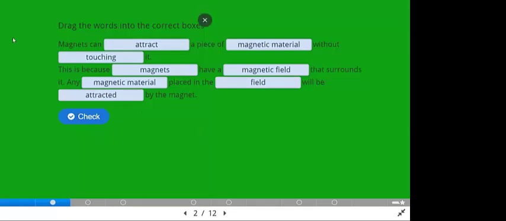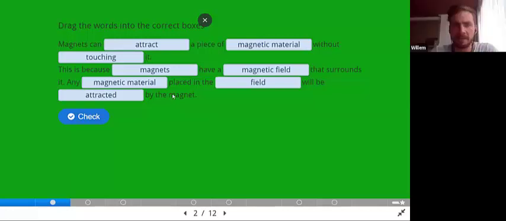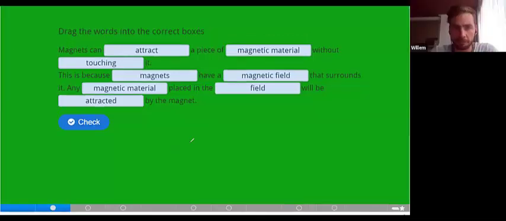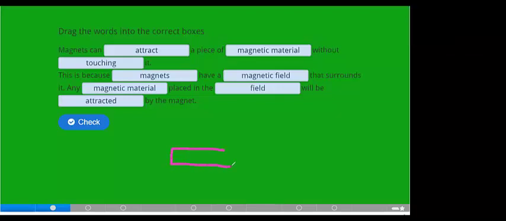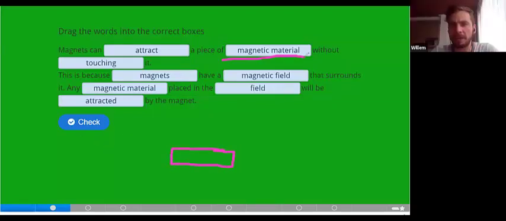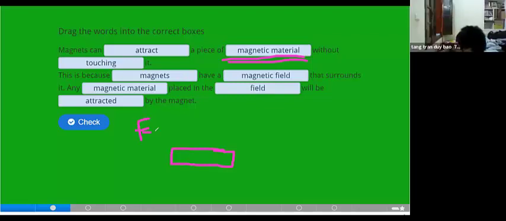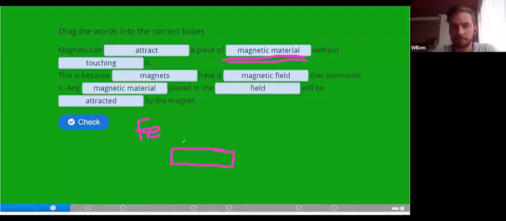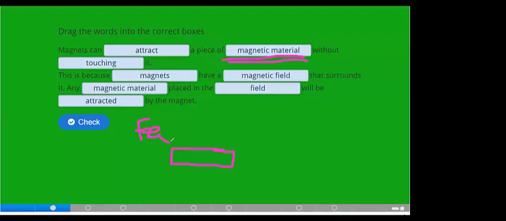Basically what this sentence says is that magnets can attract any piece of magnetic material. Now, what is magnetic material? Can you name a few examples? Iron. Okay, iron. What else?